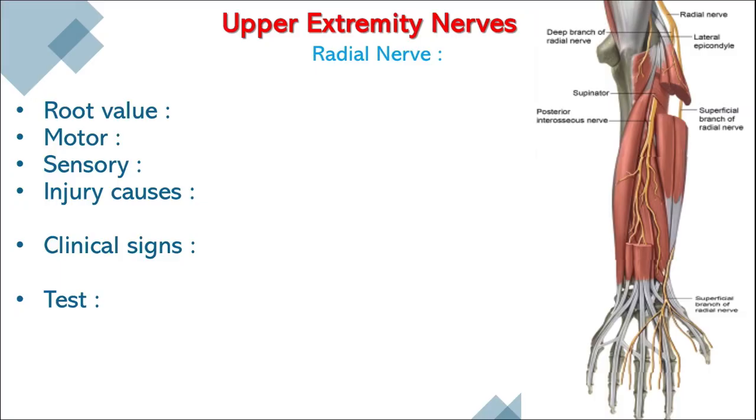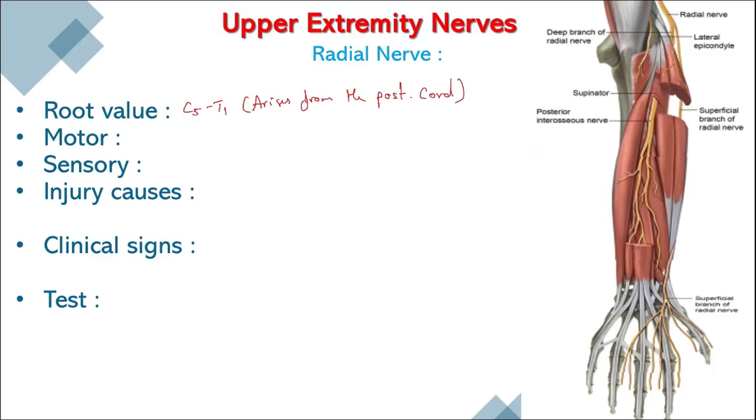The root value is C5 to T1, and it arises from the posterior cord.